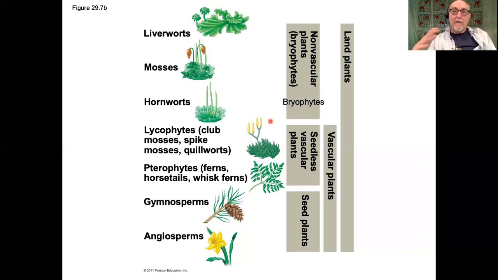Then the other major group that is so dominant in modern times is divided into two groups. These are the vascular plants, divided into the seedless vascular plants, which are the ferns and their allies. Once upon a time, ferns and their allies were the dominant vegetative form and formed huge forests.